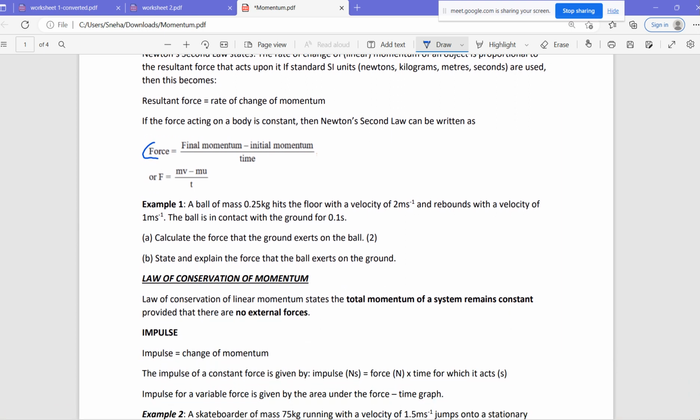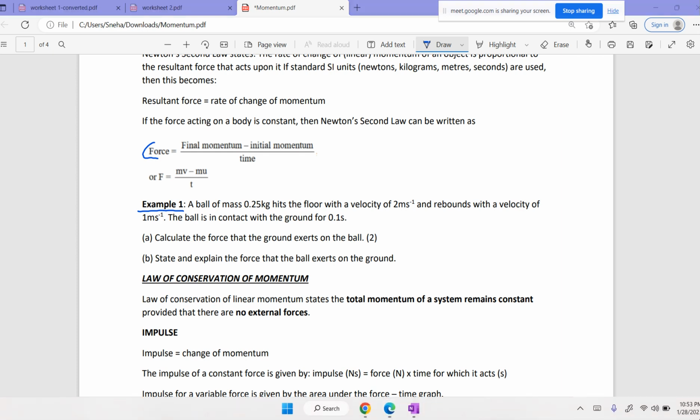I'm going to solve example 1 for this. It says a ball of mass 0.25 kg hits the floor with a velocity of 2 and rebounds with a velocity of 1. The ball is in contact with the ground for 0.1 second. Part A wants you to calculate the value of force that the ground exerts on the ball.